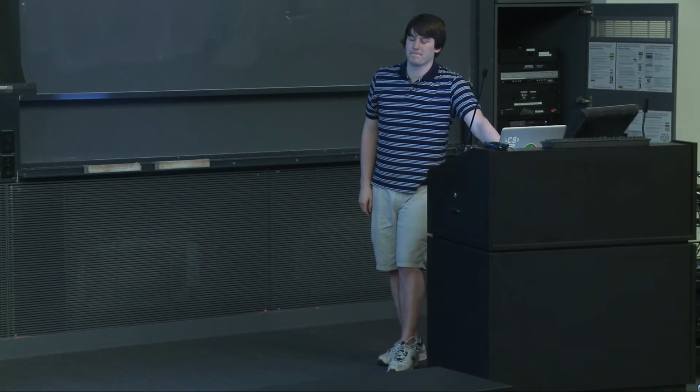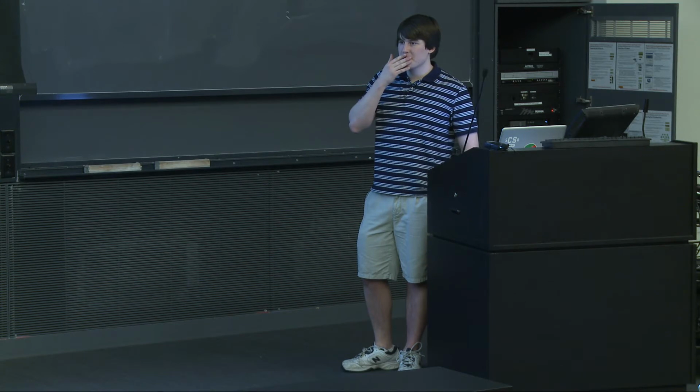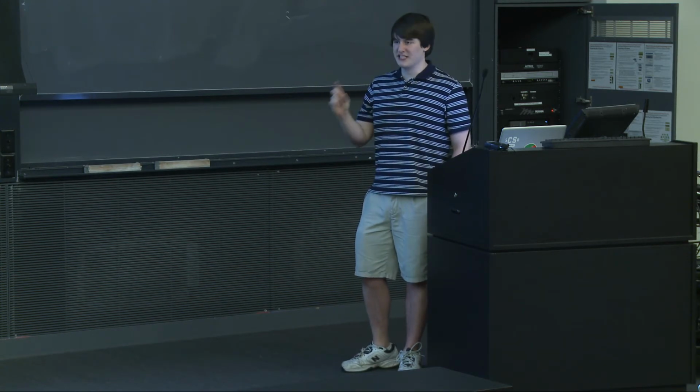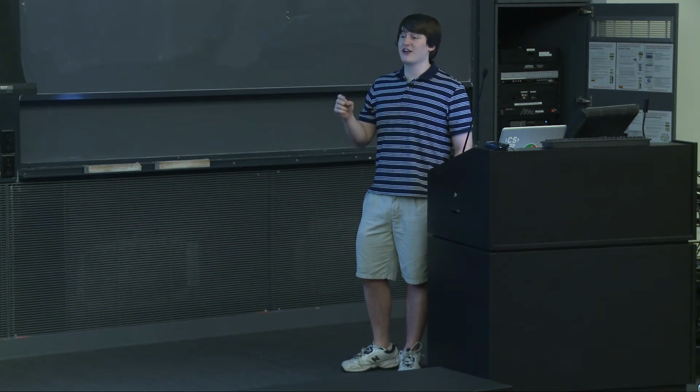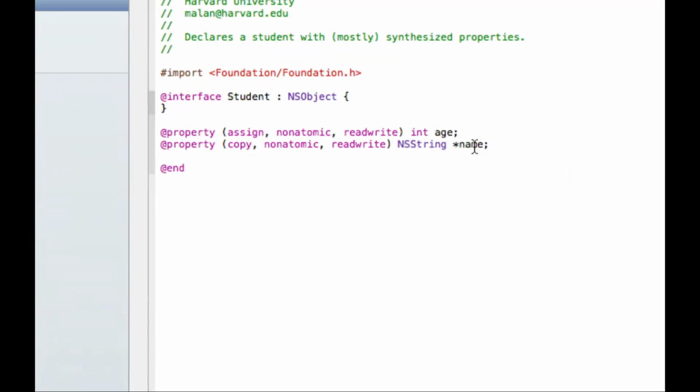But if you use property, then the getters and setters are defined for you, or you have to define them? Well, if it is a read-write property, the getters and setters are automatically defined for you unless you decide to override them. And if you override them both, then you need to synthesize again, because otherwise it doesn't know about that instance variable. Looking at student.h, we see property age and property name.